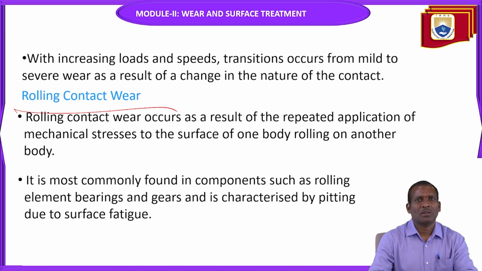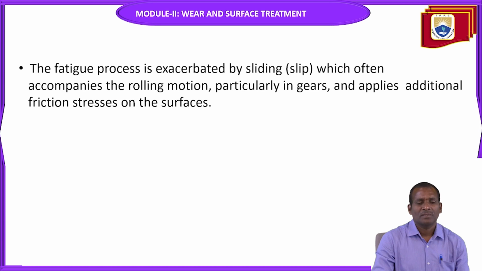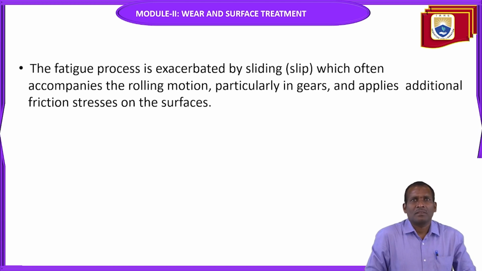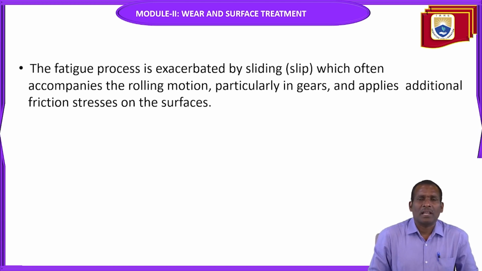It is most commonly found in components such as rolling element bearings and gears and is characterized by pitting due to surface fatigue. The fatigue process is exacerbated by sliding, which often accompanies the rolling motion, particularly in gears, and applies additional friction stresses on the surfaces.